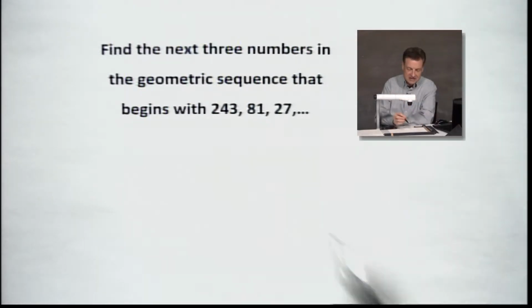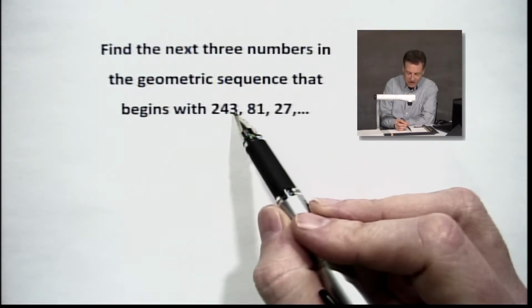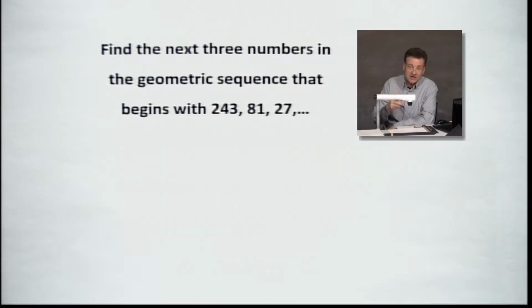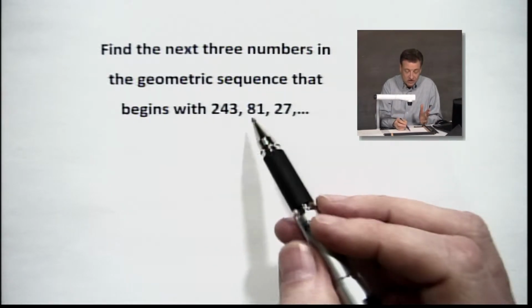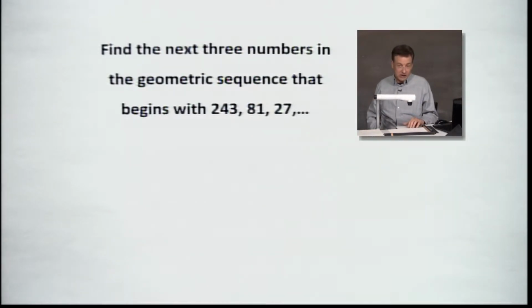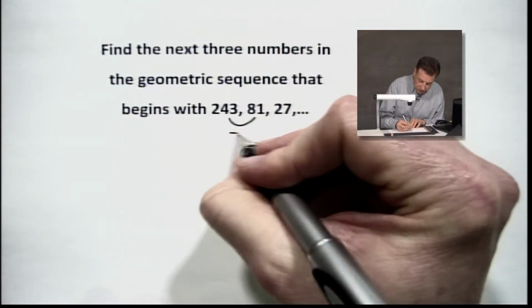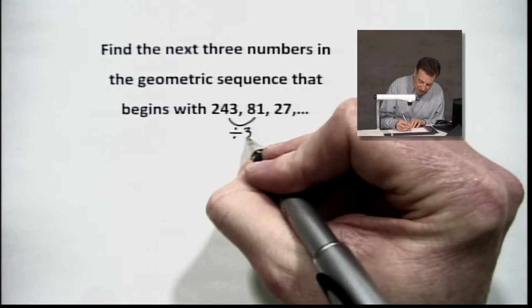And let's see what we're dividing 243 by to get to 81. The best way to do that is to simply say, what is 243 divided by 81? It looks like that's going to give us 3. So going from here to here, we have divided by 3.